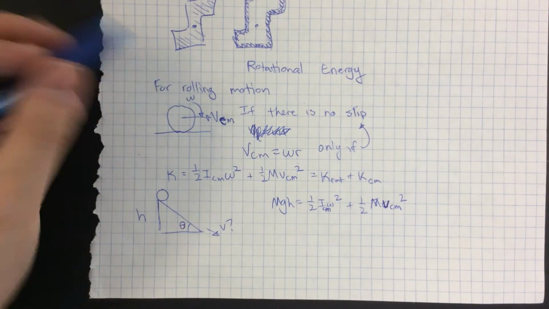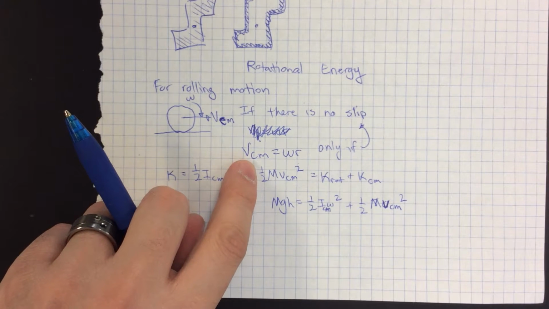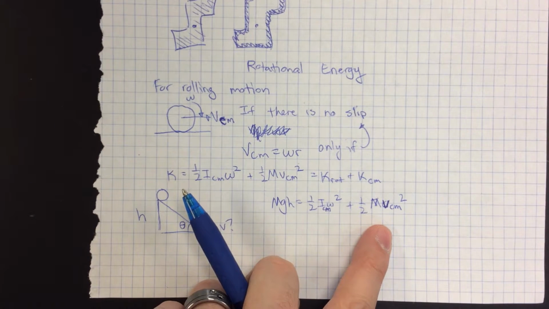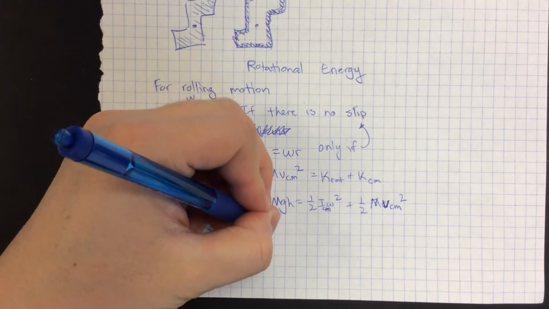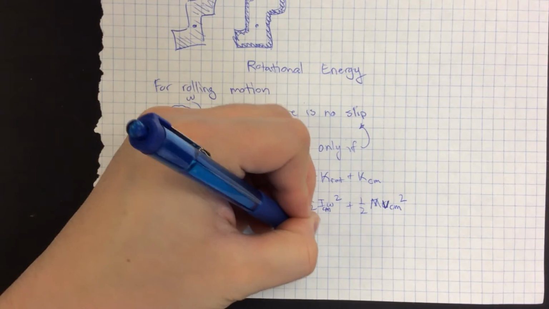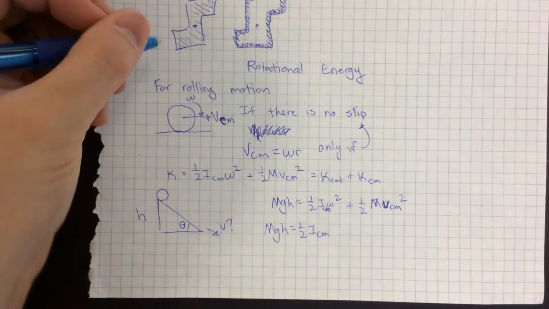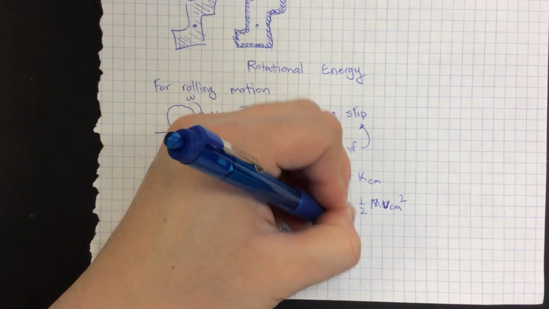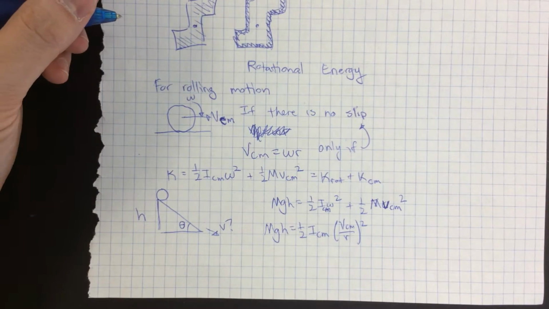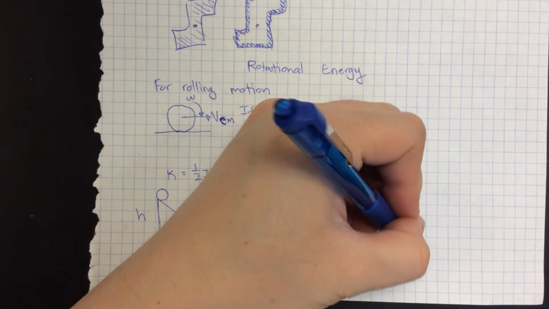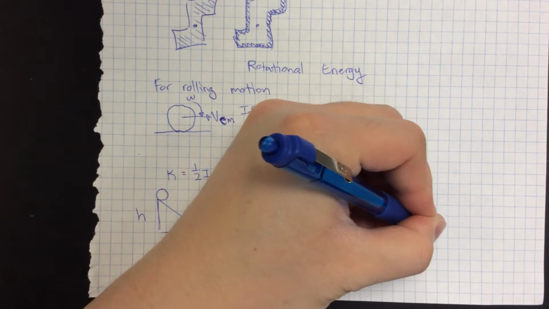If it is not slipping, there's a connection between how fast it can rotate and how fast it can translate. So we substitute that in. You get mgh equals 1/2 ICM (VCM over R) squared plus 1/2 m VCM squared.